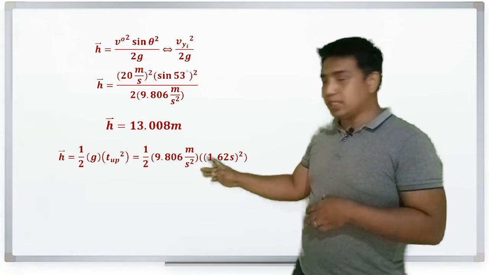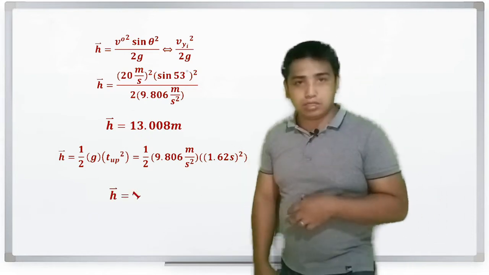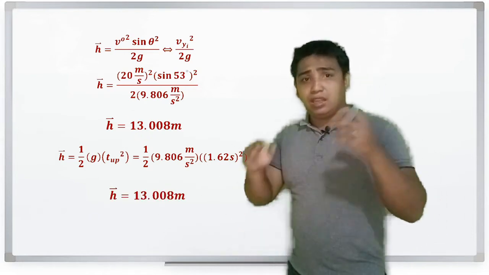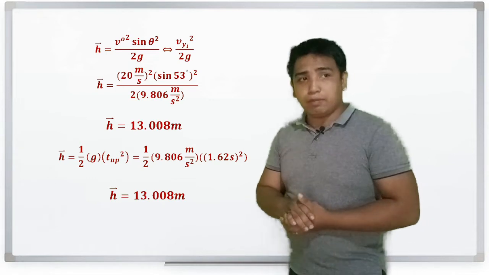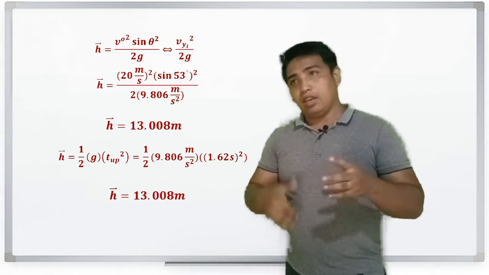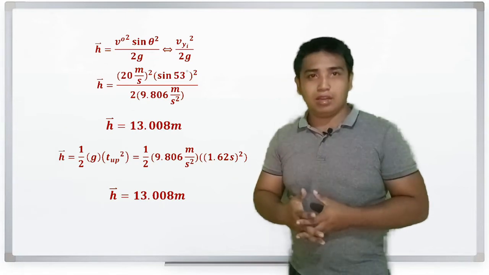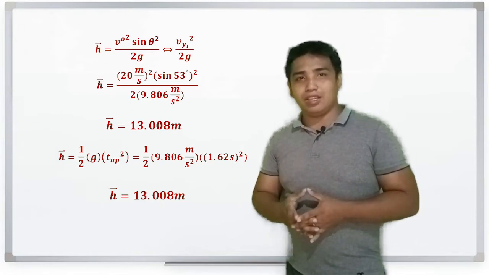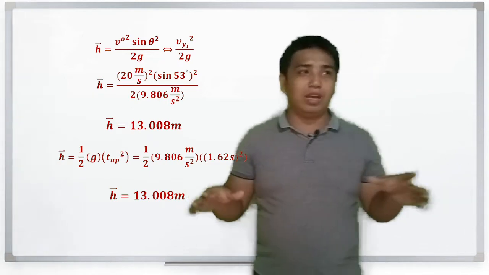When you execute this, you're going to have 13.008 meters. That means our concept and formula are always constant and congruent. They jive with one another, so there's nothing wrong with our formula.